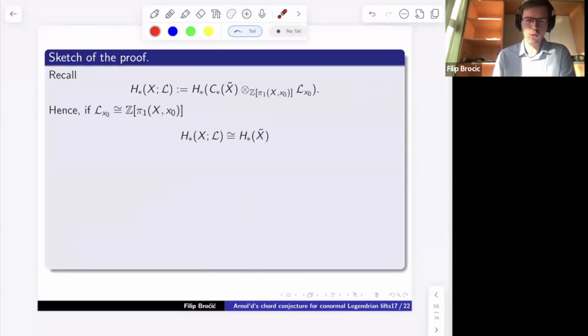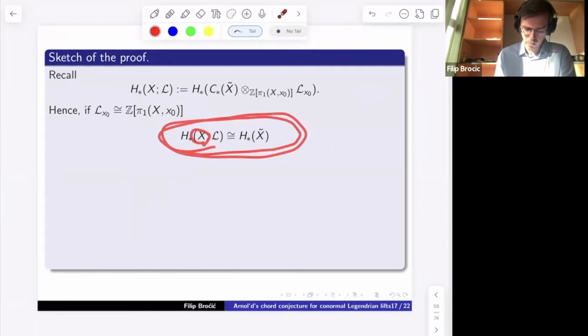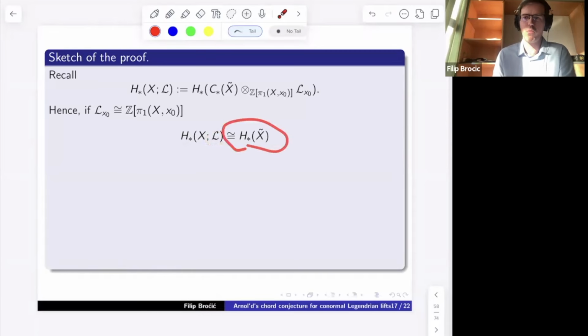Now, recall the definition of the homology with local coefficients. And in particular, we saw that our fiber is isomorphic to the group ring. Hence, the singular homology of a topological space with such a local system will be isomorphic to the homology of the universal cover.